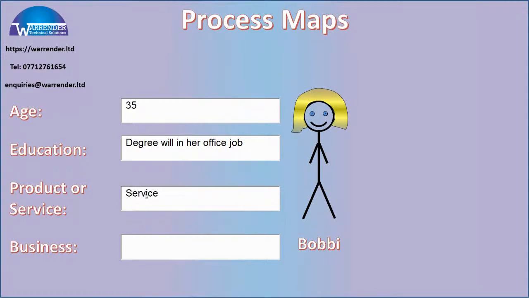The service that she's going to provide, let's think of something, is some IT support. And so she spent the past 10 years in an office doing an IT type job for a larger business. And she's going to go out on her own and provide IT support to small businesses. And she's got a degree, but she didn't have that when she started in IT. She did that while she was in the job.